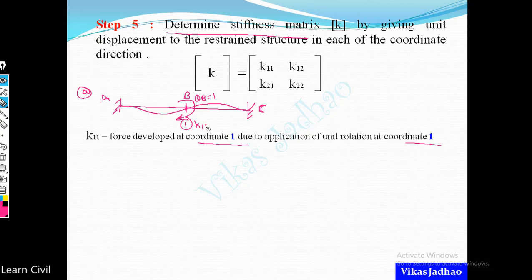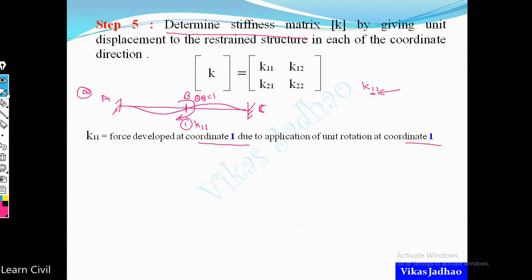So this will be K11. Here K11 indicates the stiffness coefficient at coordinate number 1 due to application of unit rotation at coordinate number 1. We are applying unit rotation at coordinate number 1, and this K11 is the stiffness at 1 due to application of unit rotation at coordinate number 1.